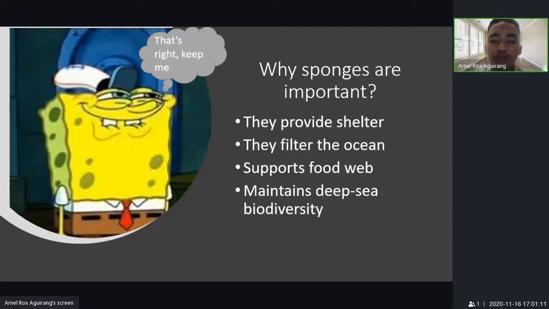They maintain deep sea biodiversity because they also engage in symbiosis in the form of commensalism. The sponge does not benefit much from its neighboring organisms because they have nothing to give, but the sponge gives a favor to those organisms. For example, shrimp.